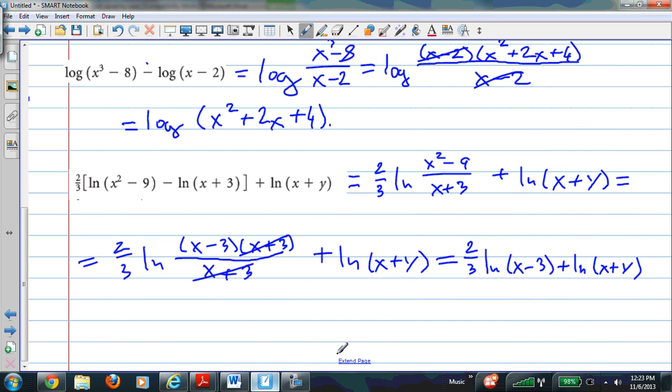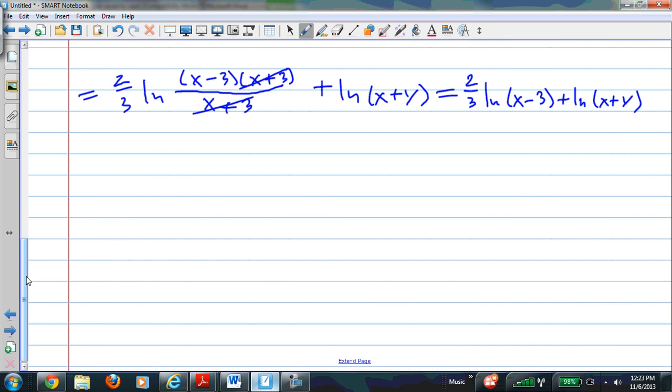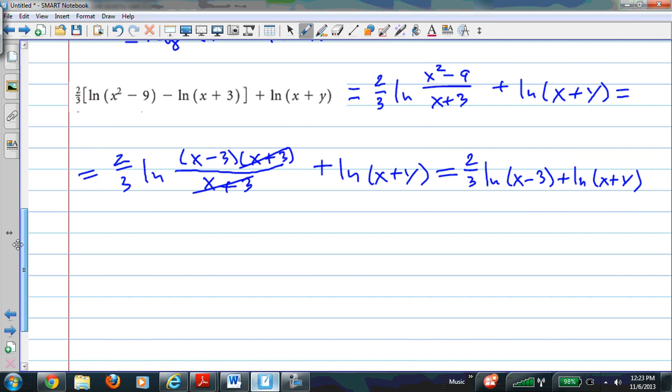Alright, so now I can keep going. I see this constant in front of the log. It can be thrown as an exponent. So this becomes natural log of x minus 3 raised to the power 2/3, plus natural log of x plus y.